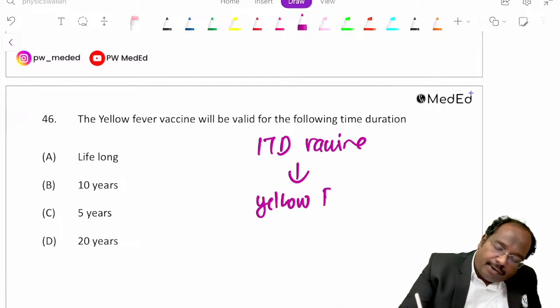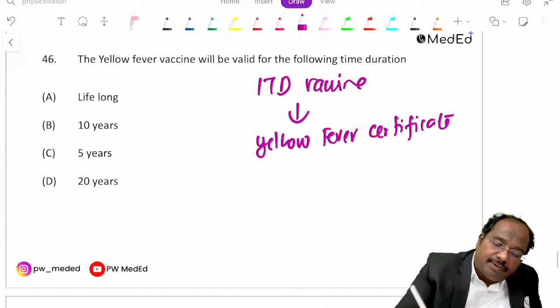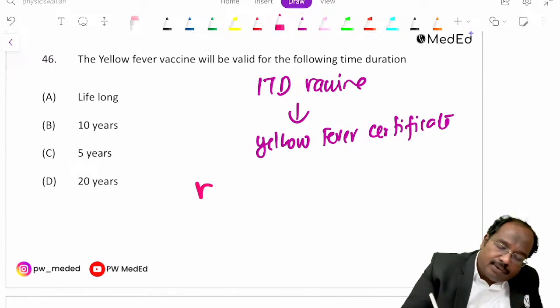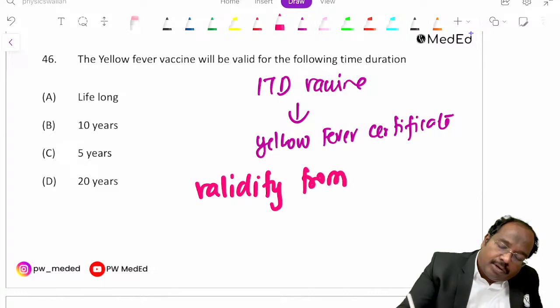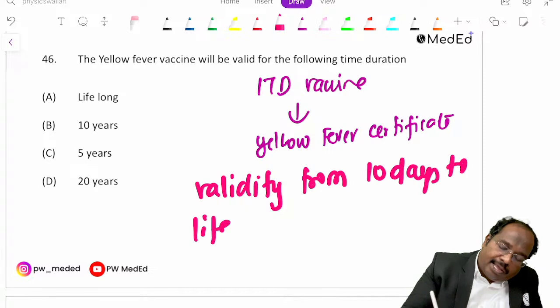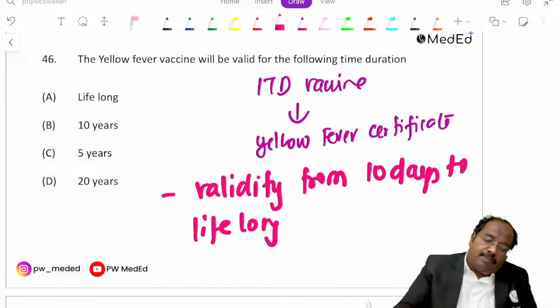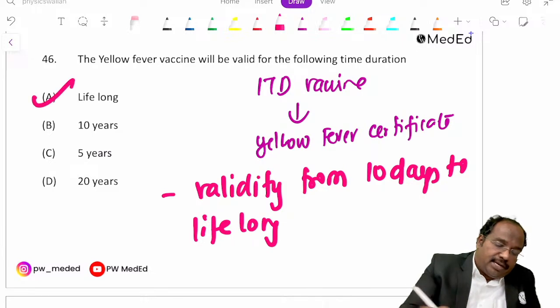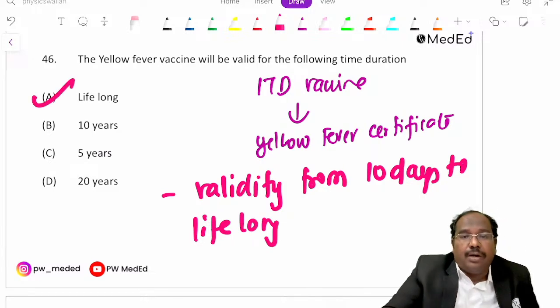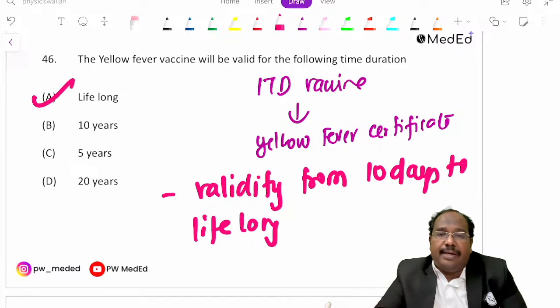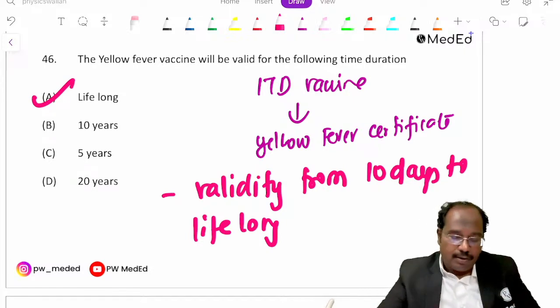So the validity starts from 10 days to lifelong. The answer for this question is lifelong, guys.